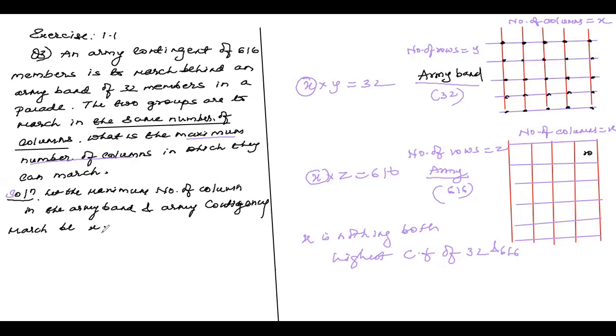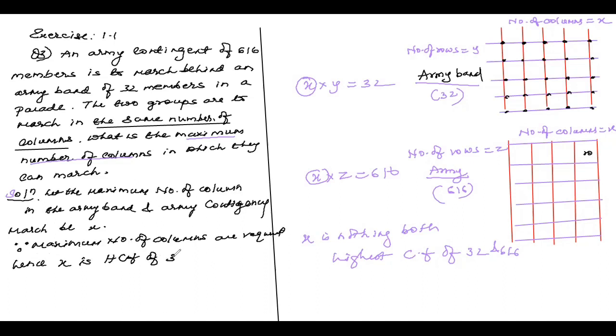Okay, so therefore, since maximum number of columns are required, hence x is HCF of 32, which is nothing but number of people in the army band, and 616, which is nothing but number of people in the army contingency. Okay, so x is nothing but HCF of 32 and 616.